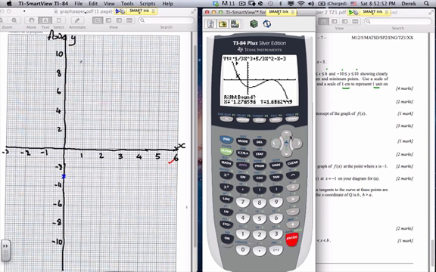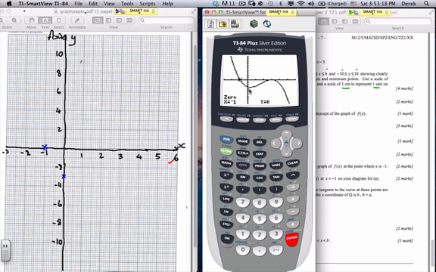Say enter, and then to the right of it, and we say enter, and then we guess it, and there you see that when x is negative 1, y is equal to 0. So we've got a point there at negative 1.